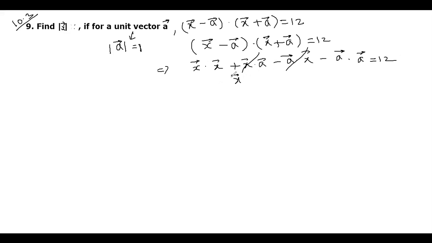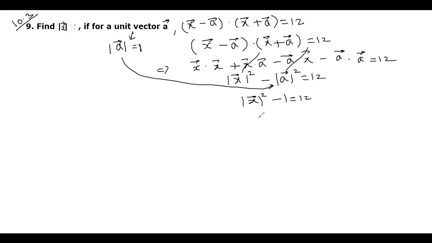We get magnitude of x square minus magnitude of vector A square is equal to 12, but the value of A is 1. So magnitude of x square minus 1 is equal to 12. So magnitude of x square is equal to 12 plus 1, which is 13. Therefore, the magnitude of x is equal to root 13.